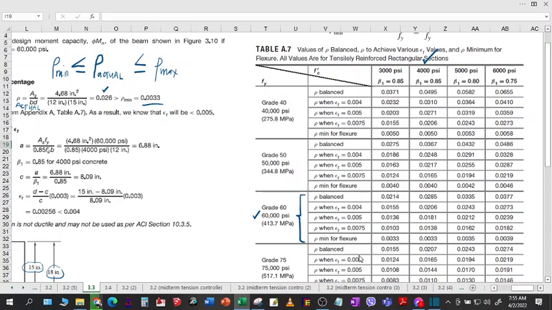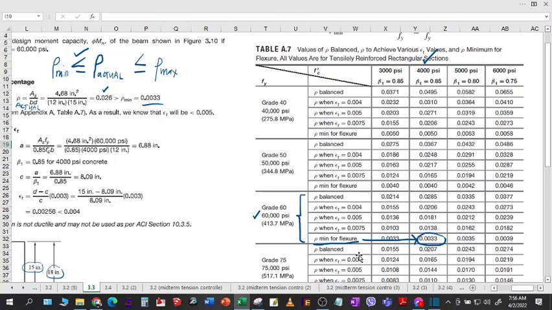For the minimum, here we have the minimum row for flexure. We simply look at this value. So, this is the value for the minimum, 0.003. So our actual is greater than the minimum. So, it passed the minimum criteria.